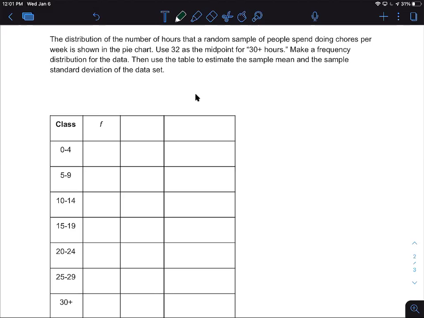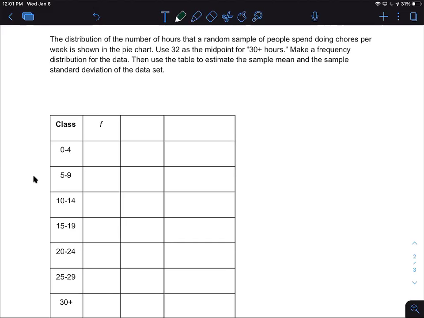Okay, so here we're going to be using the same method we did yesterday when we were finding our mean of a frequency distribution. So for this, our X values, remember we use midpoints. So that way we can calculate and make assumptions for the whole data set. And if it's not here, we're just going to make up numbers. There it is.